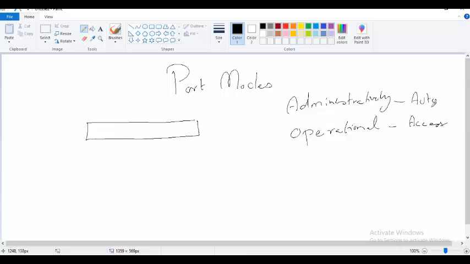See, these two words are very important. Operationally, meaning what it is doing. Administratively means what has been configured. Administrator puts the configuration, right?